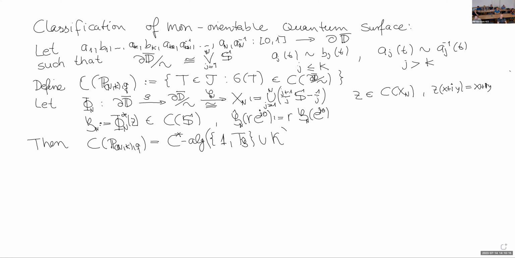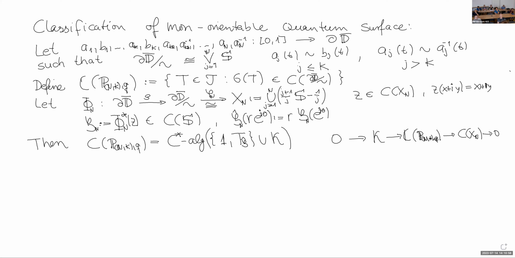And this gives me a C-star extension, with compacts, quantum surface, a Q, and then over C_X_N, which is a compact set in the complex numbers. Could you explain why this is, why one and this T is the generator?